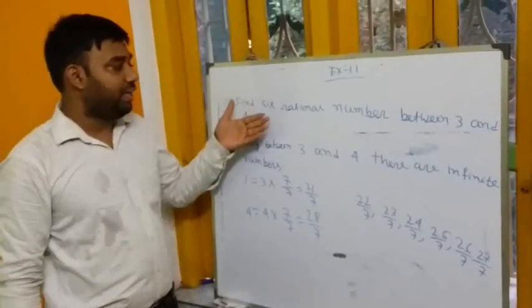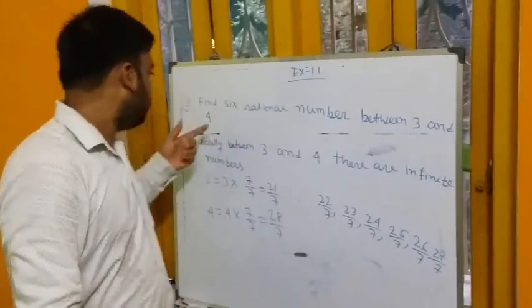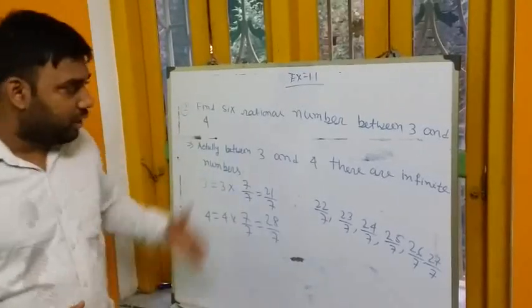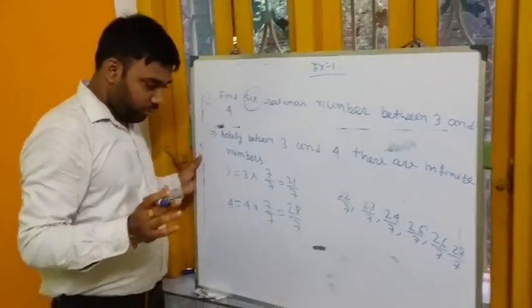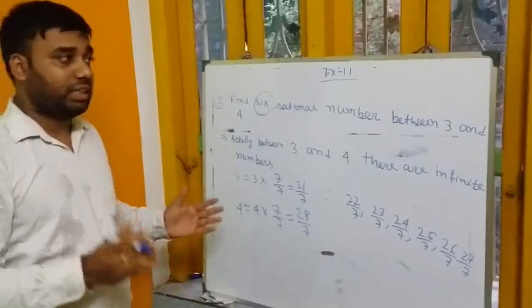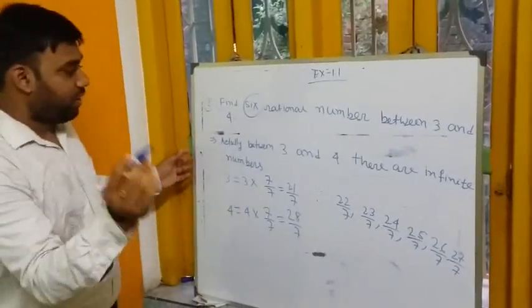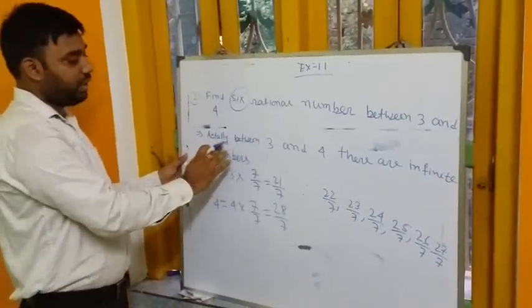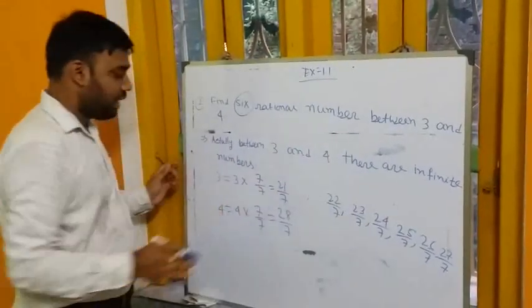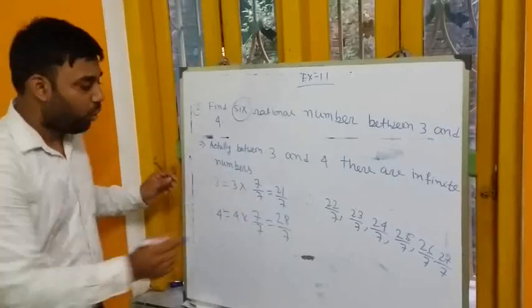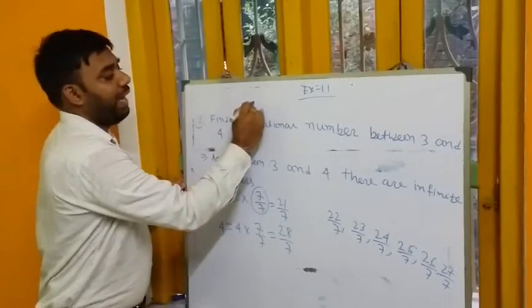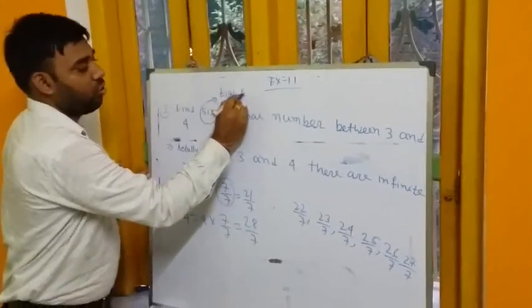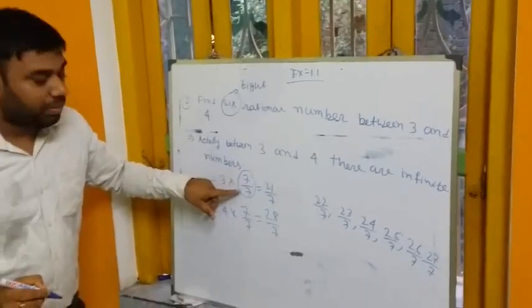Next question: find 6 rational numbers between 3 and 4. Actually, between two rational numbers there are so many numbers. In this question we have to find only 6 rational numbers. First, 3 equals 3 into 7 by 7. Why is it 7 by 7? Because of 6 numbers. If it is 8 rational numbers, I would multiply by 9 by 9.